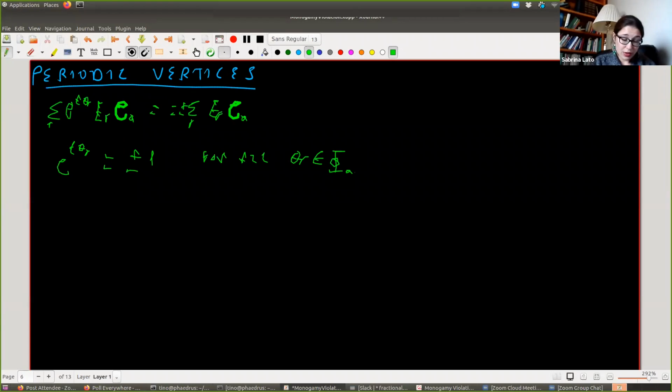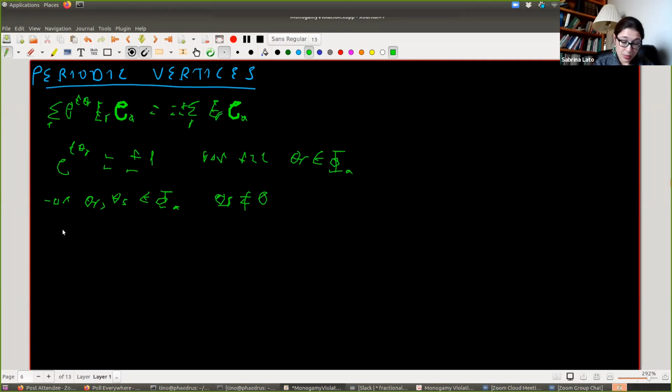So in other words, for theta r, theta s in the eigenvalue support. And let's add this condition that theta s not be equal to 0, because that'll be useful in a moment.